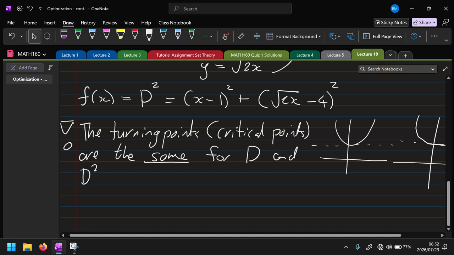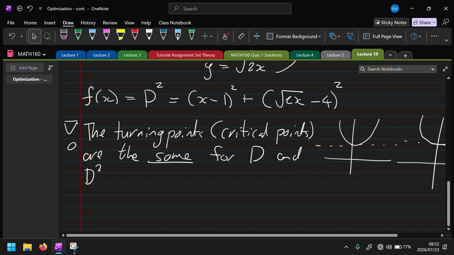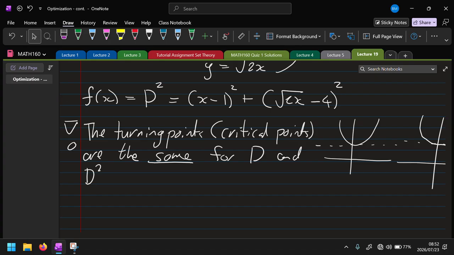Okay. So if you have some function with the root and you calculate the turning points, it's the exact same as if you calculated the turning points for the square of that function. Okay. So you can look at this picture here. These turning points do not change.